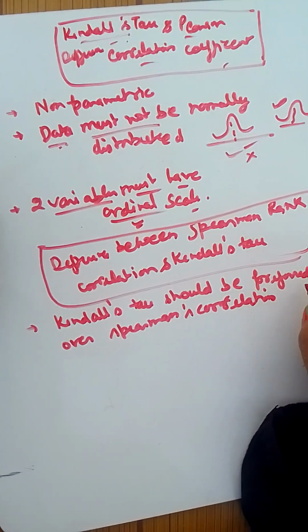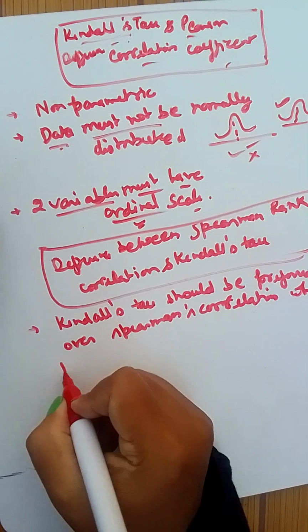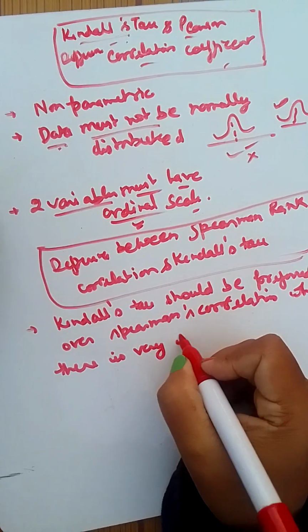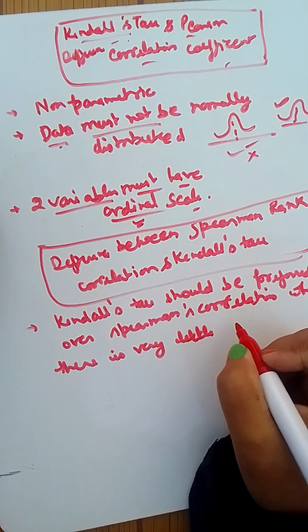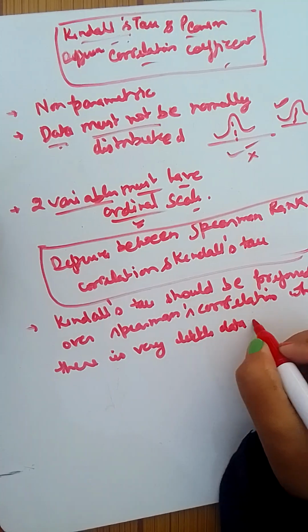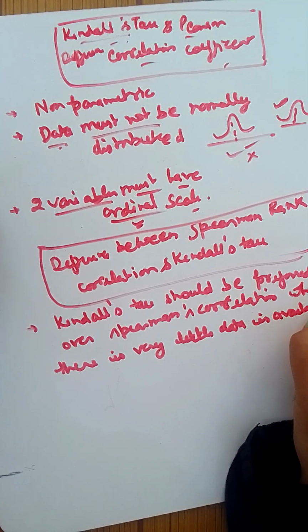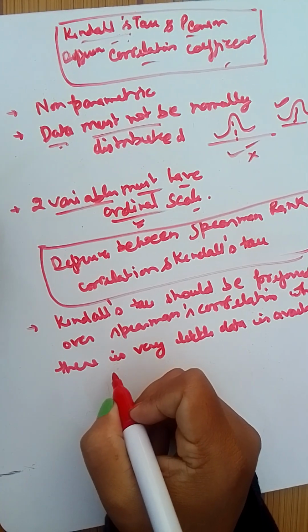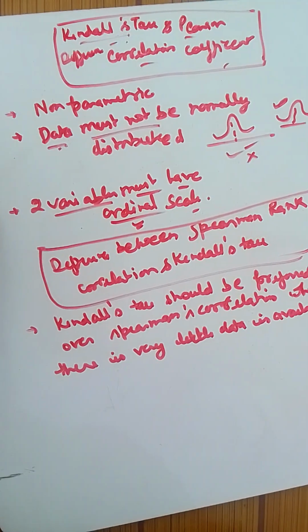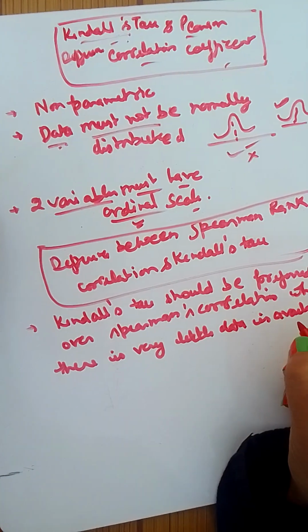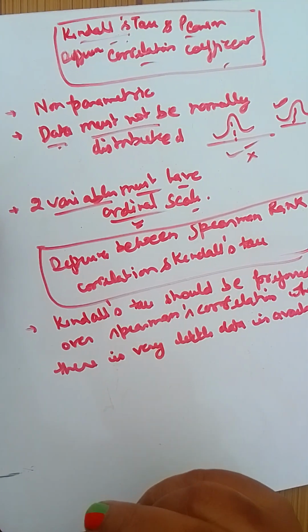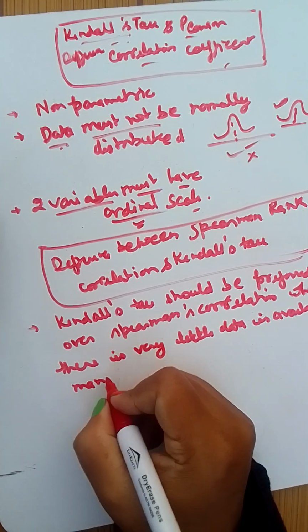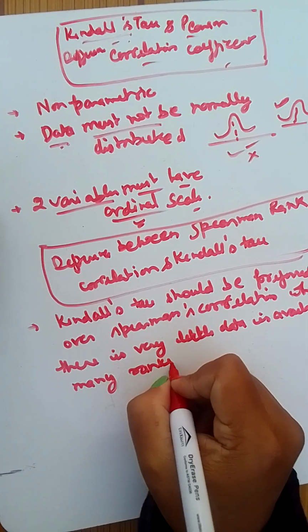Where very little data is available and many ranks are ties.